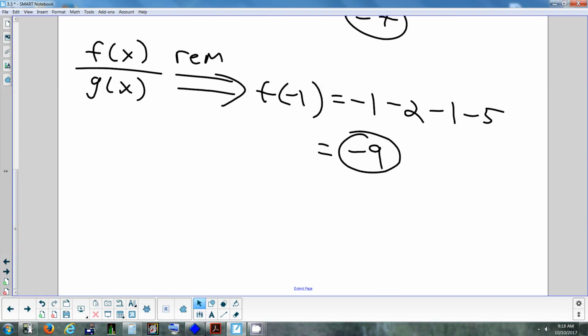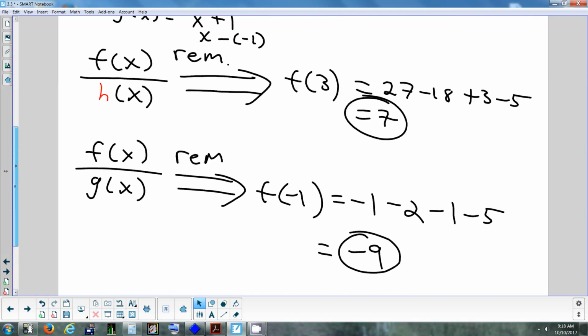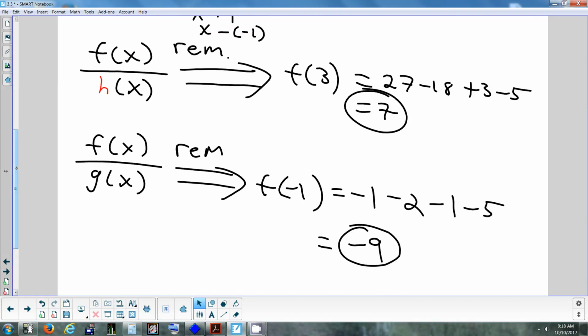Negative 9. Okay, so again, remainder is negative 9. Not super interesting, but it does tell us something important, that g of x is not a factor of f of x. Okay, any questions on that one?